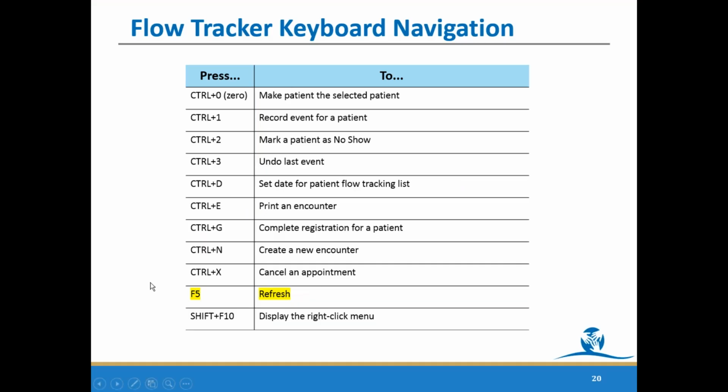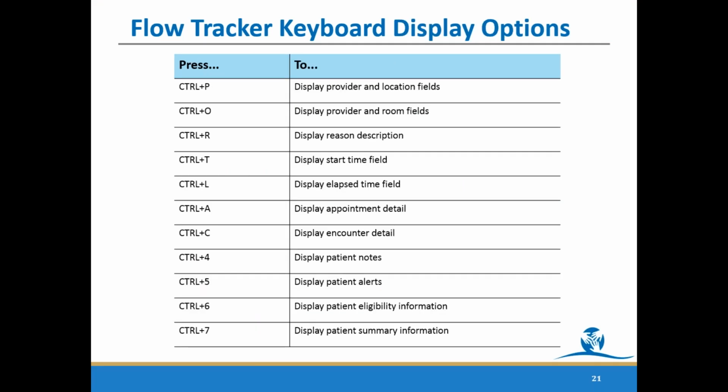So just so that you can have some extras, I have a whole bunch of keyboard navigation shortcuts. These are ones that I found for you to use in Intergy from the flow tracking event.